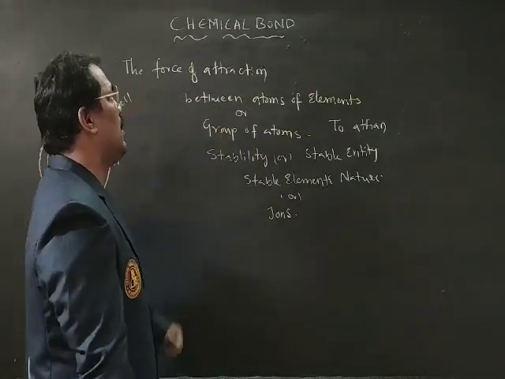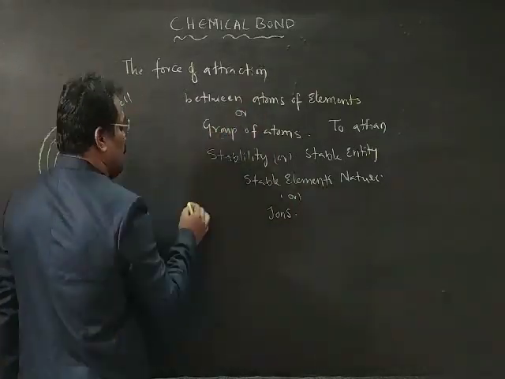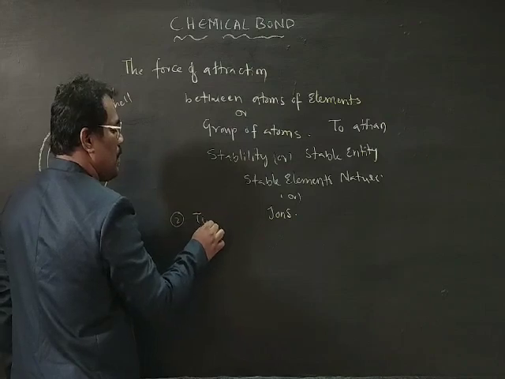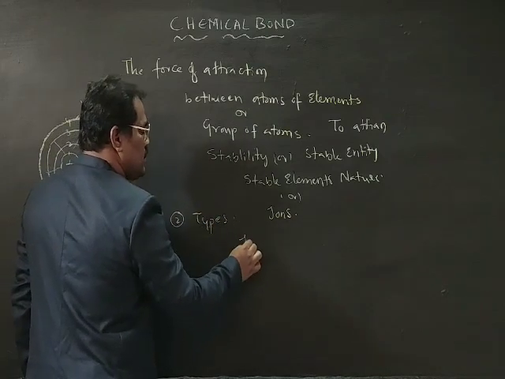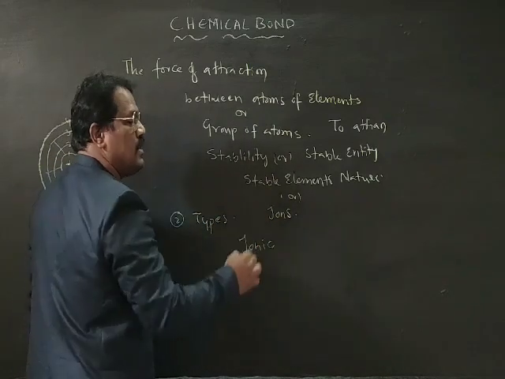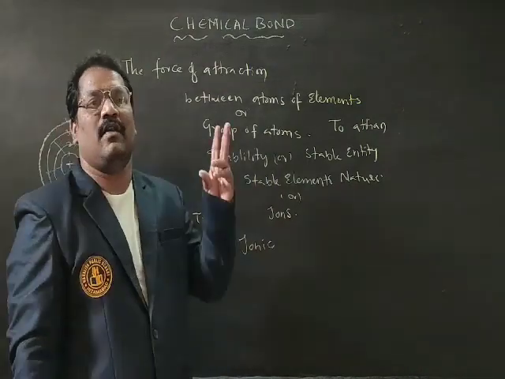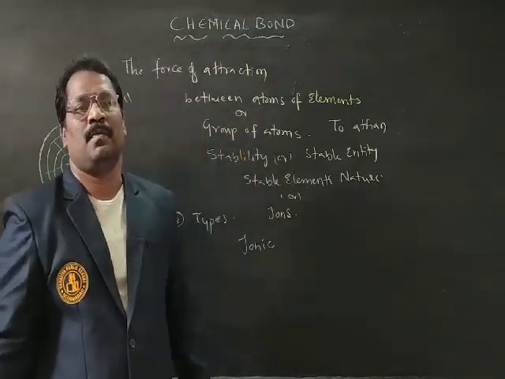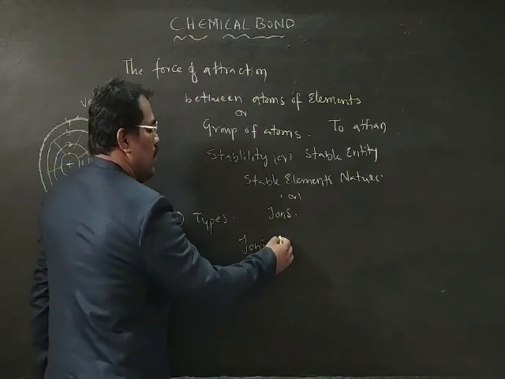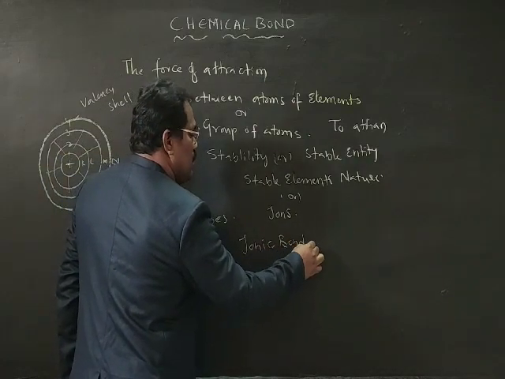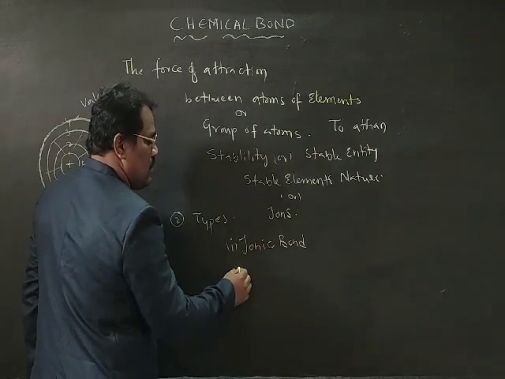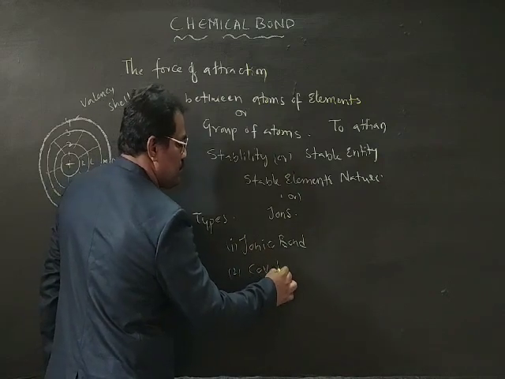Now this chemical bond will be of two types. According to our textbook, we have only two types of bonds: ionic bond as well as covalent bond.